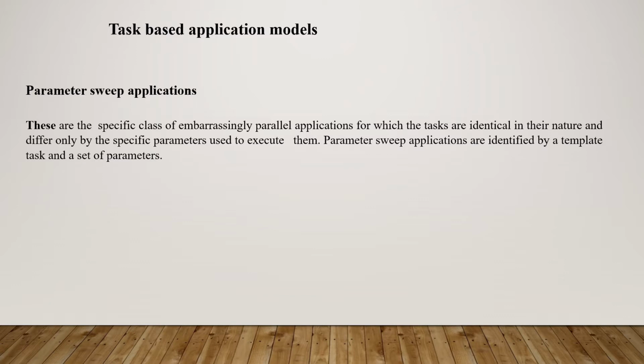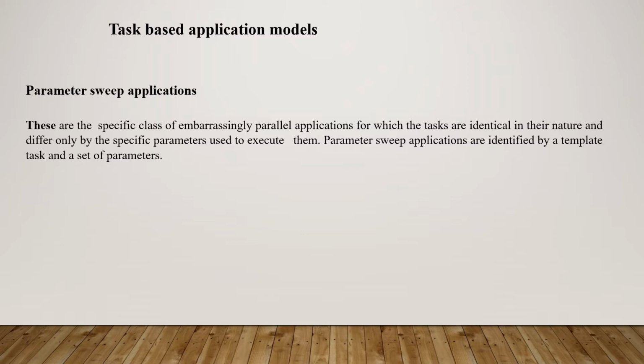Parameter sweep applications are generally identified by a template task and a set of parameters. The template task defines the operations to be performed on the node for the execution of tasks.